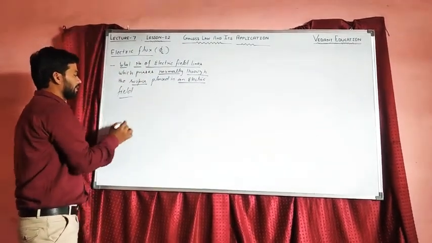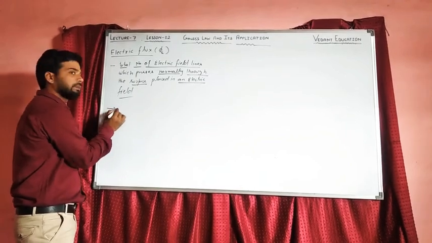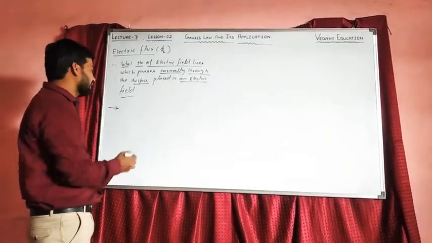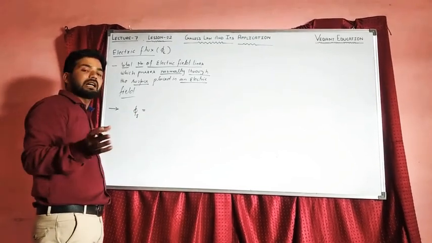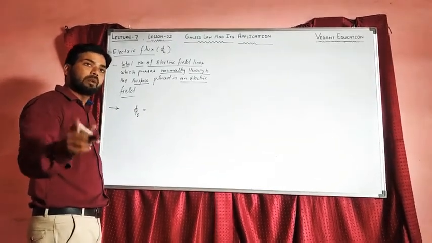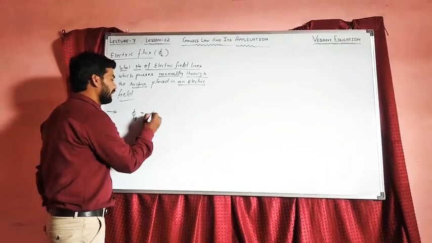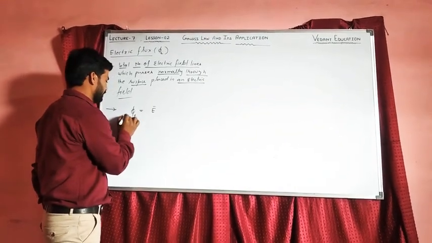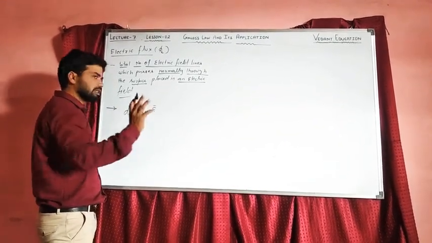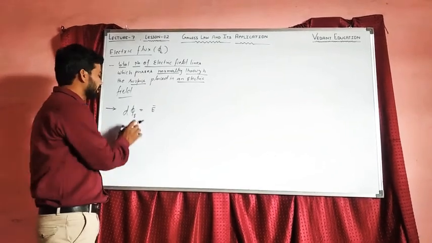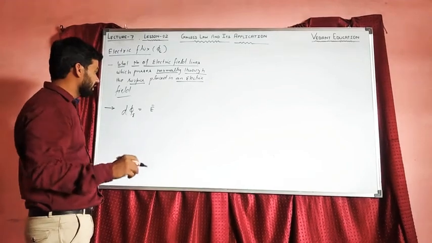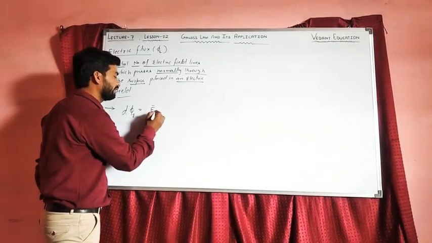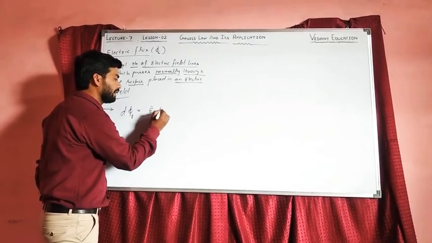Now, another definition, mathematically: how we calculate the numerical value. Mathematically, electric flux phi E is defined as the scalar product of the electric field vector and the area vector.